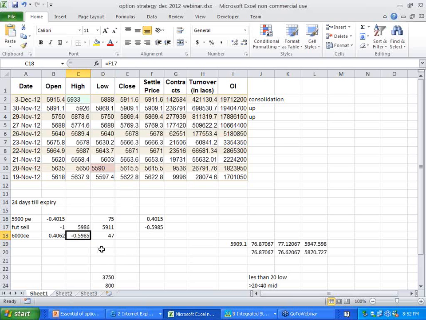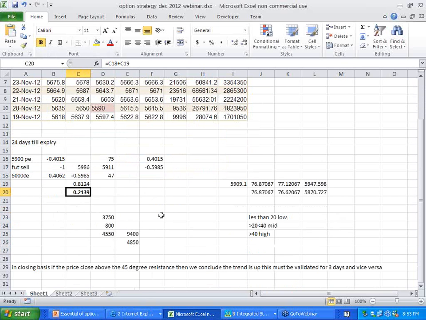So what are we going to do? If I take two lots here, this multiplied by 2, my net delta will come down to 0.21 positive, anticipating the upward price movement should continue.